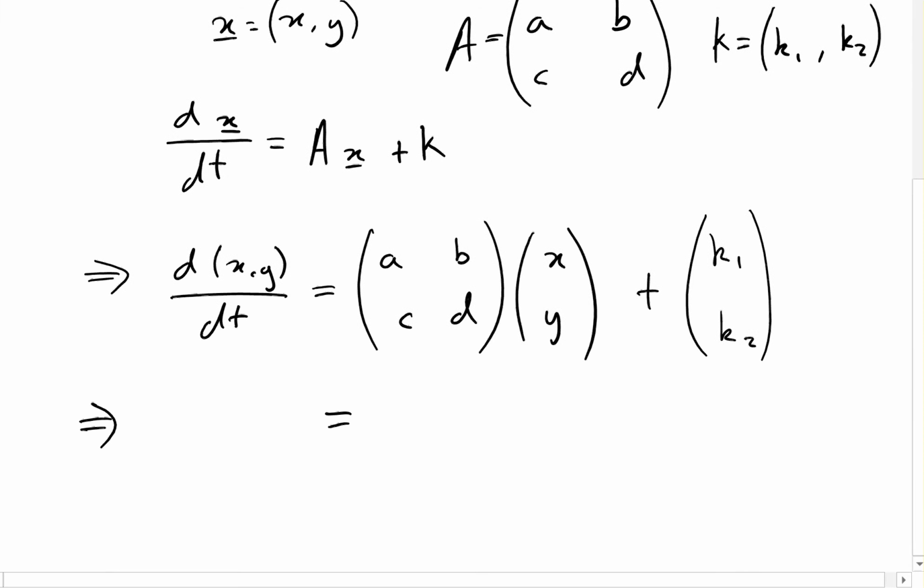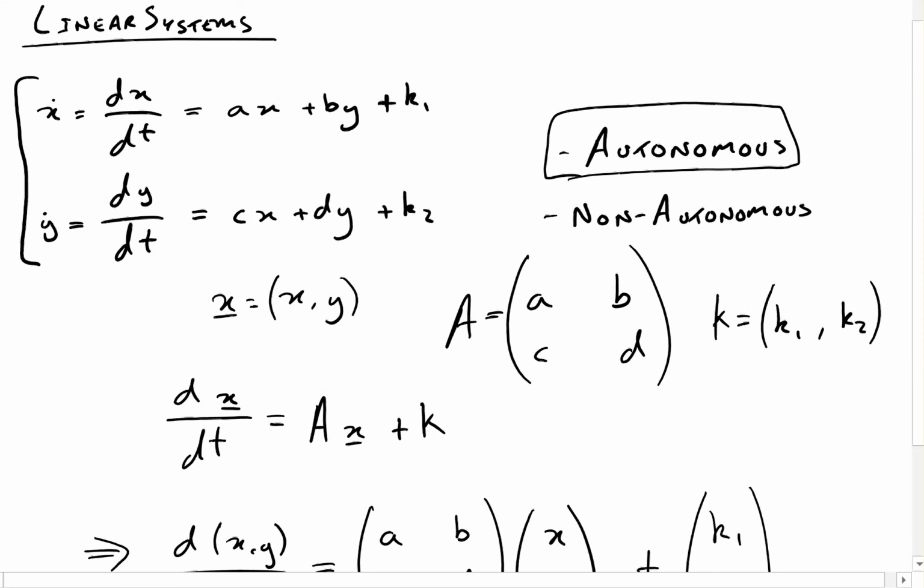So let's verify. I should end up with dx by dt, considering the first element of this vector here, equal to a, considering the first row, so a times x plus b times y plus the first element of this vector, which is k1. That's looking good. That looks like the first equation which I've got up here.